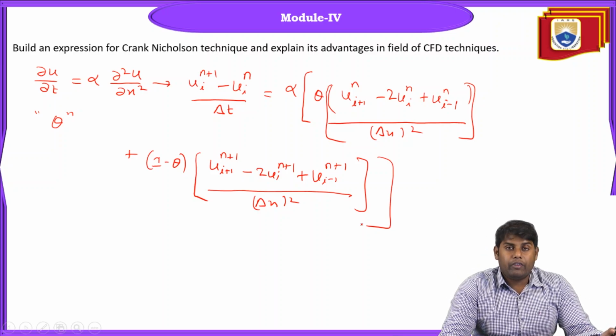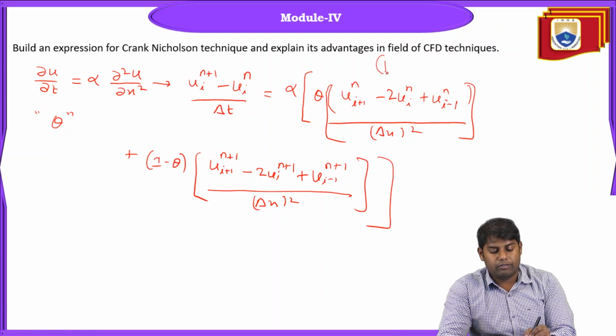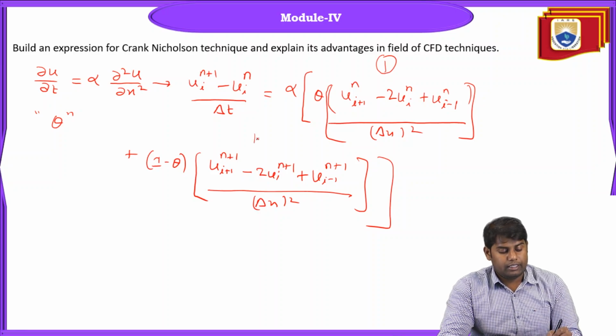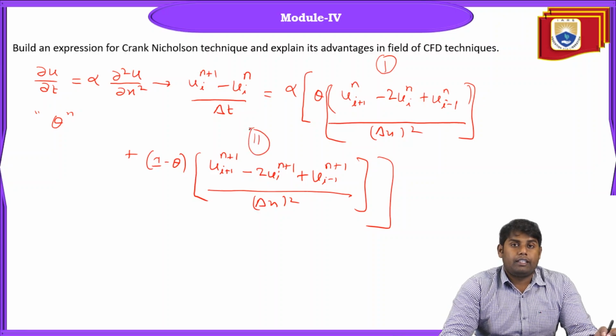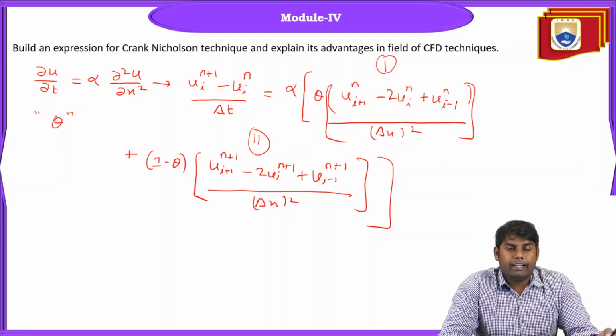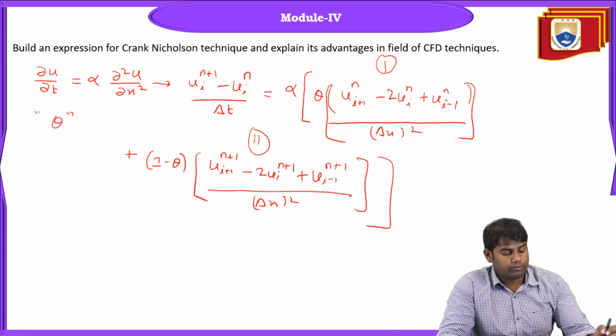Here you can see this is the first term on the right-hand side and this is the second term on the right-hand side. Observe this entire expression carefully. This is the generic expression, which can divide the full form of the scheme into half implicit and half explicit also. Let us take the cases for theta.